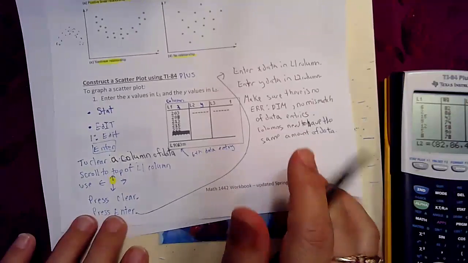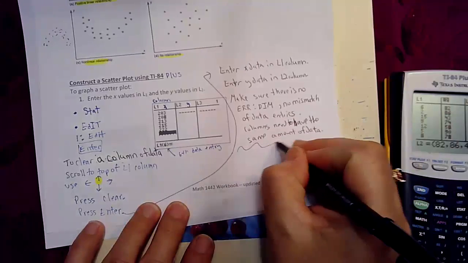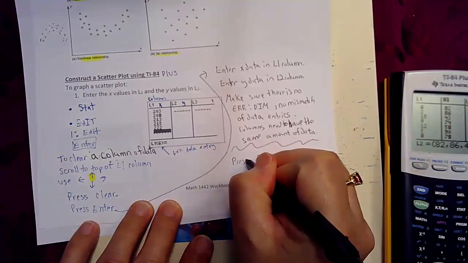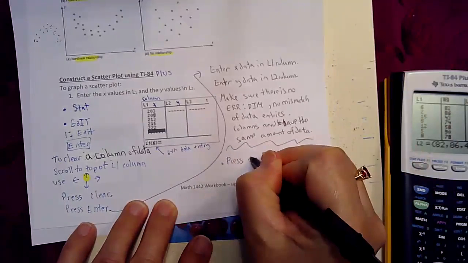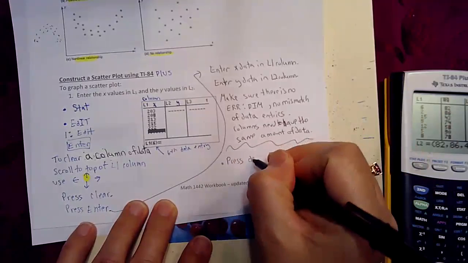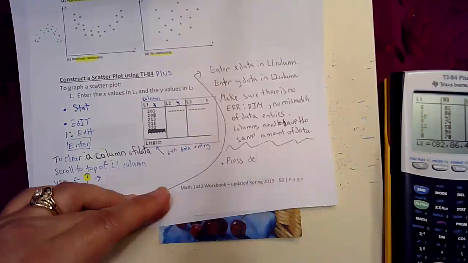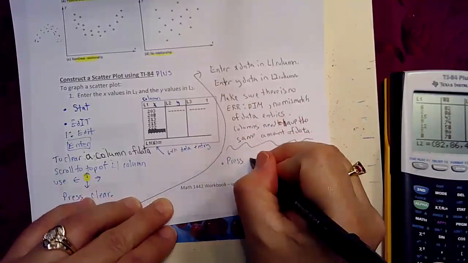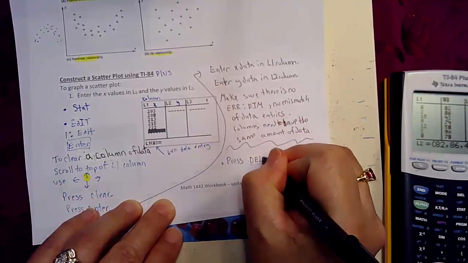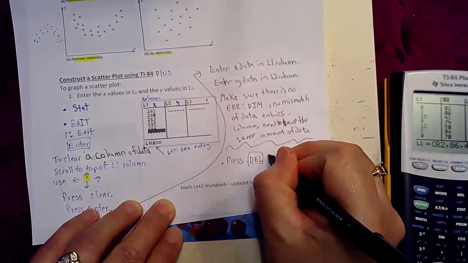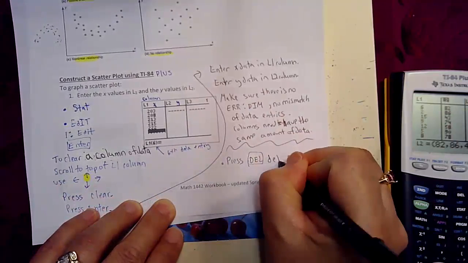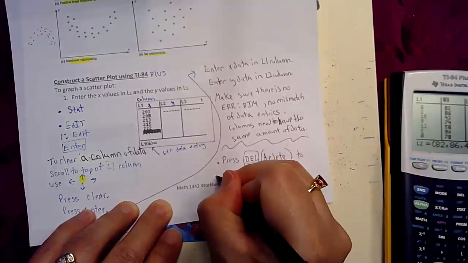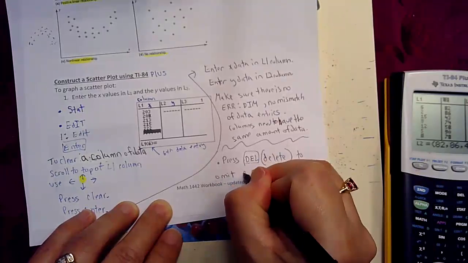Okay, and I'm going to say, to delete, press DEL. Let me capitalize it, which stands for delete, and you would do that to omit entries.